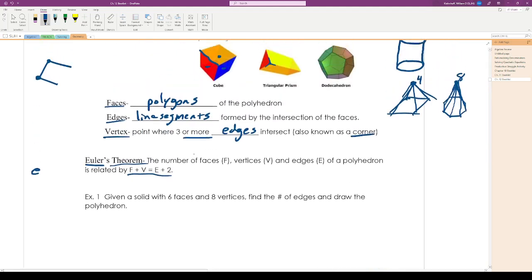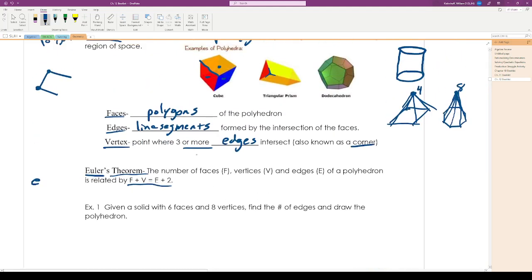So let's look at the ones that were up here and say, okay, we have a cube. We know that a cube has 6 faces. If we count the number of vertices, there's 4 on the orange face, and then there will be 4 more on the bottom face that we can't see. So vertices would be 8.